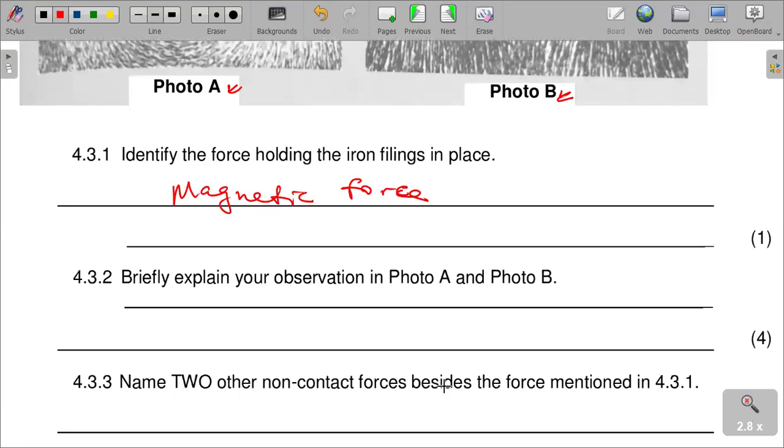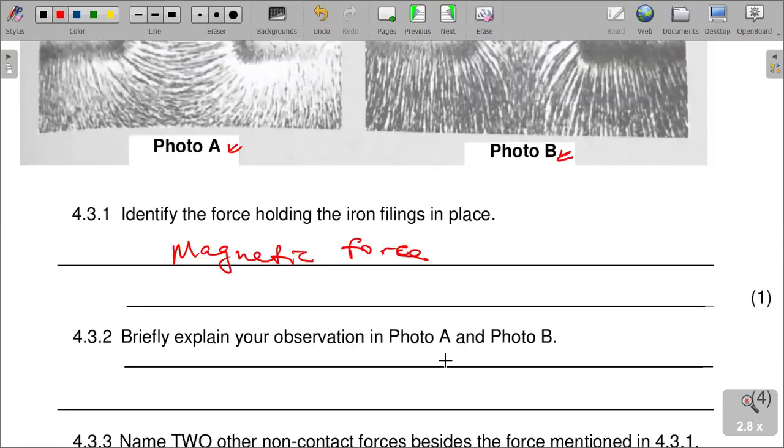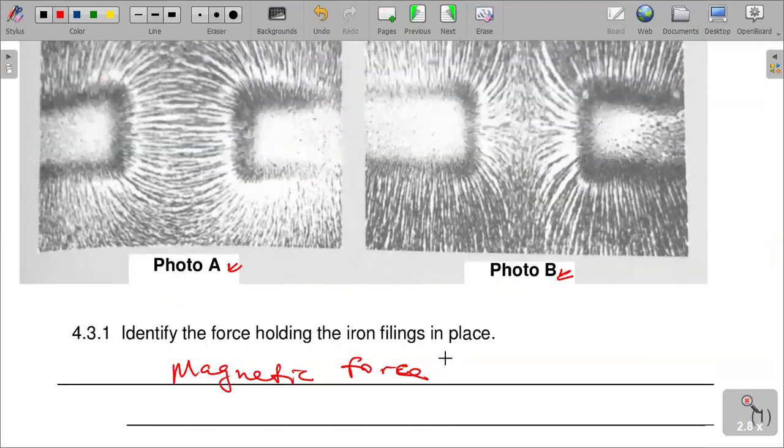And then briefly explain your observation in photo A and in photo B. Let's start with photo A. In photo A, the magnetic fields are attracted at the poles as a result of strong forces of unlike poles.